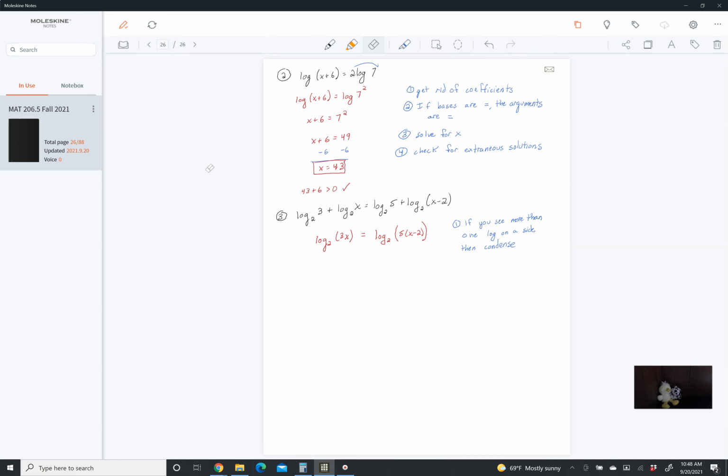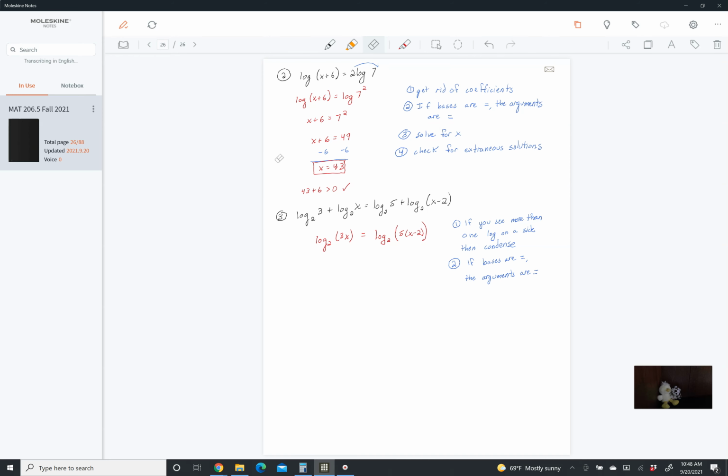Okay, and in this case, we used the product property. And then you can do if the bases are equal, the arguments are equal. So from here, our bases are equal. That means our arguments are equal.